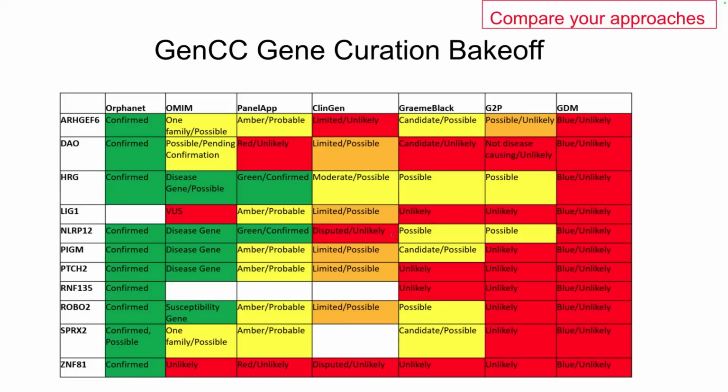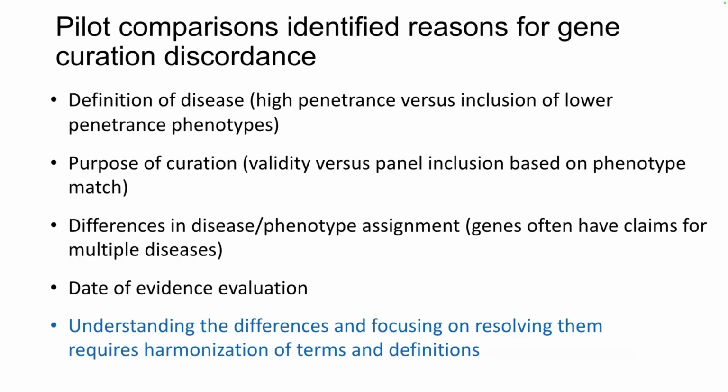This pilot was very helpful for us to understand what each resource did, because even though we used each other's resources, we didn't curate within each other's resources. It identified some reasons for the discordance. We were maybe talking about different definitions of disease, high versus low. We were maybe curating for different reasons.